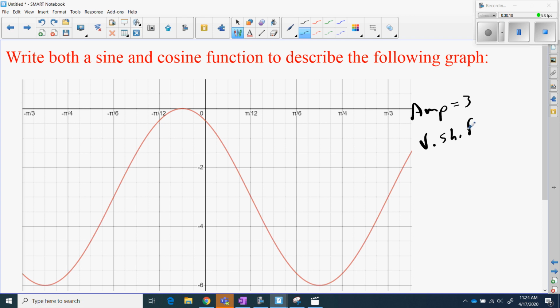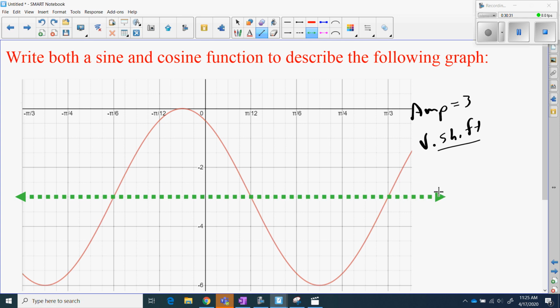To do the vertical shift, you always want to get your sinusoidal axis. So let's put a horizontal line across the middle of this wave. The middle of the wave should be at -3. There you go. The vertical shift then is down 3.